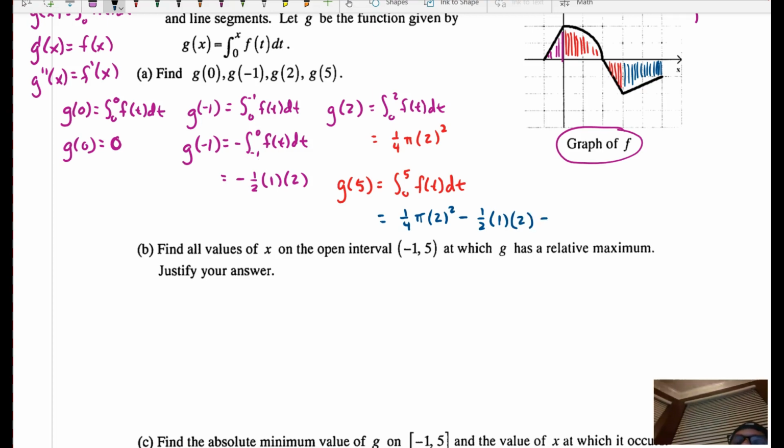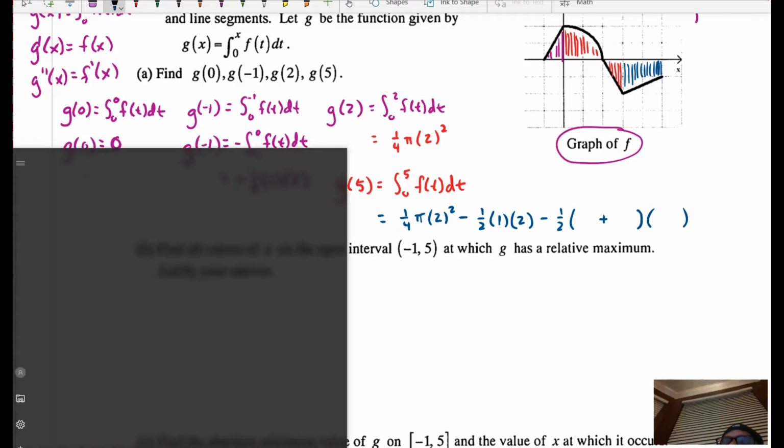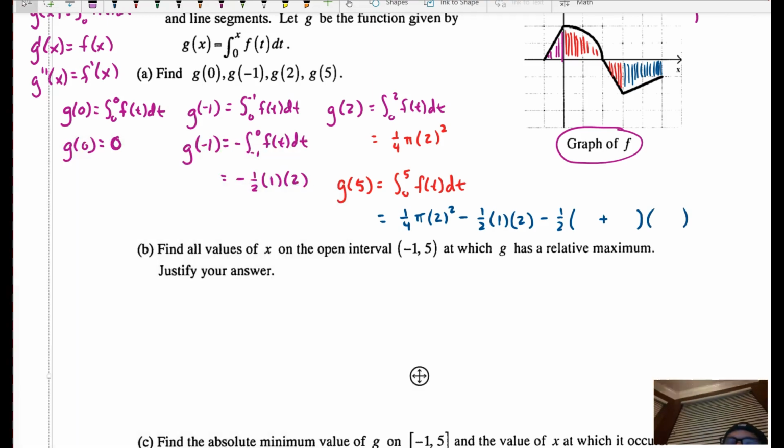And then minus 1/2 base 1 plus base 2 times the height. And base 1 is 2. Base 2 is 1. The height is 2. And again, if we were going to use that somewhere else, then we might simplify. So we may end up coming back and simplifying this in a later part of the problem.